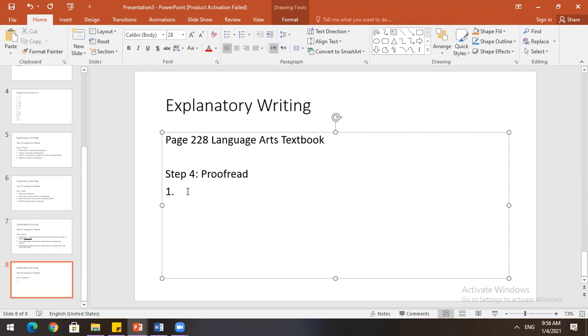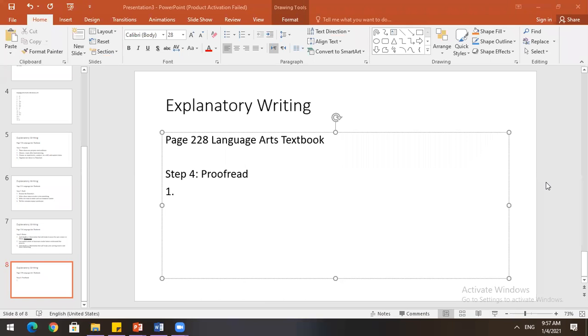Okay, what does this symbol mean? Does anybody know what this symbol is? The symbol that comes before. Do you see the symbol on page 229? It says, what does the symbol mean? Raise your hand. Who knows what it is?